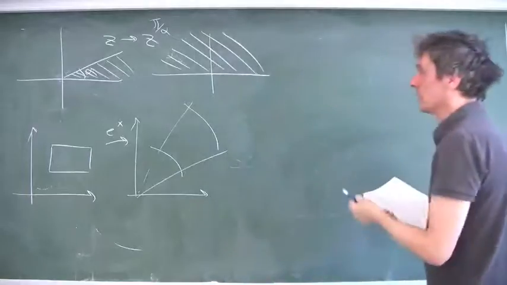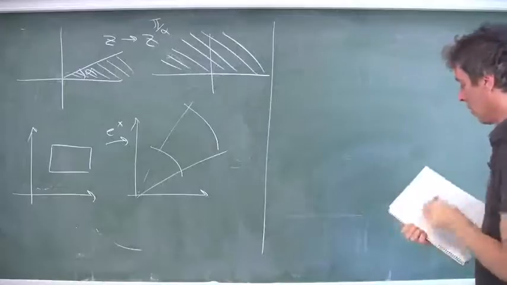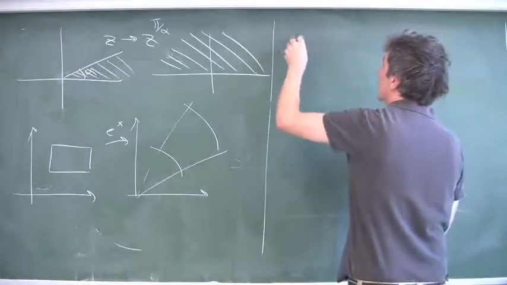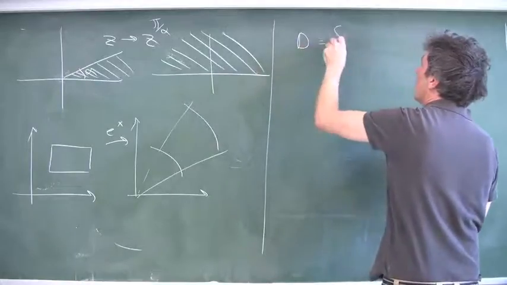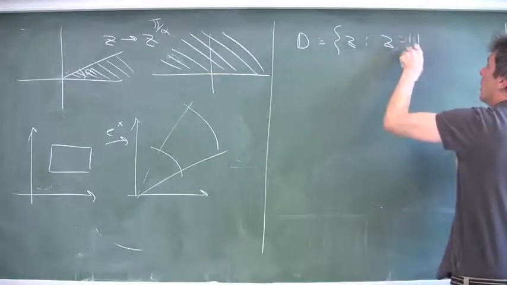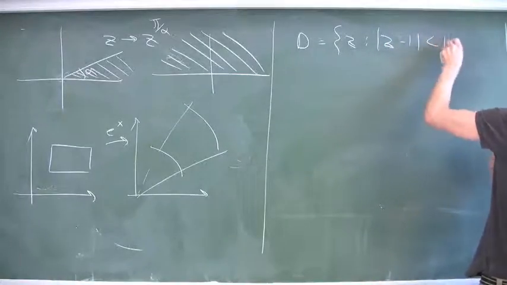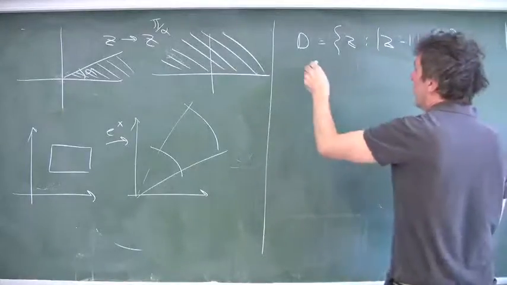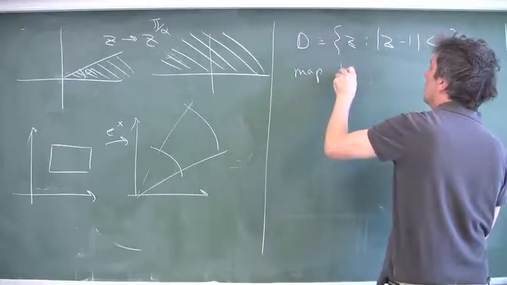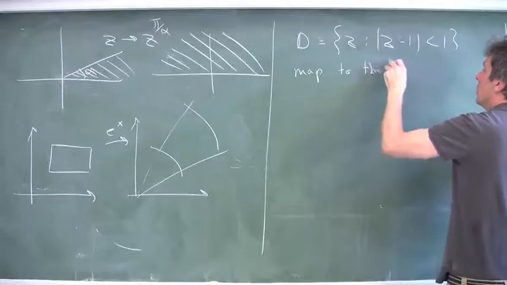So let me now just finish up here by giving one explicit example. Suppose we take the set of all complex numbers with the property that the absolute value of z minus 1 should be less than 1, and we want to map it onto the first quadrant.